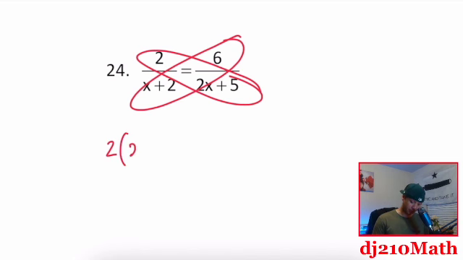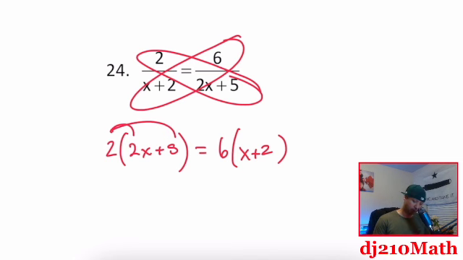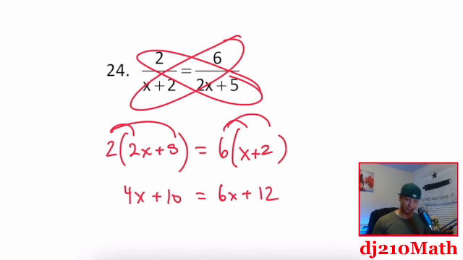So 2 times 2x plus 5 is equal to 6 times x plus 2. Cross multiply and distribute: 4x plus 10 is equal to 6x plus 12.